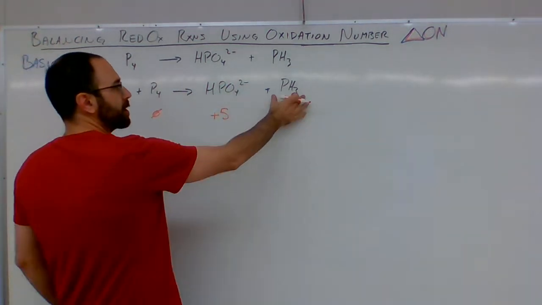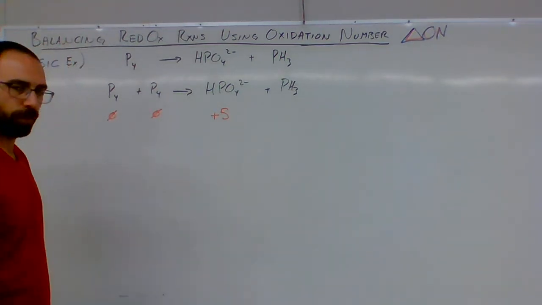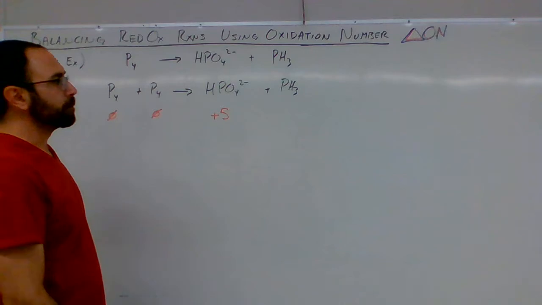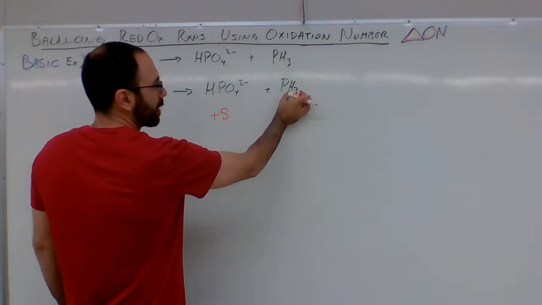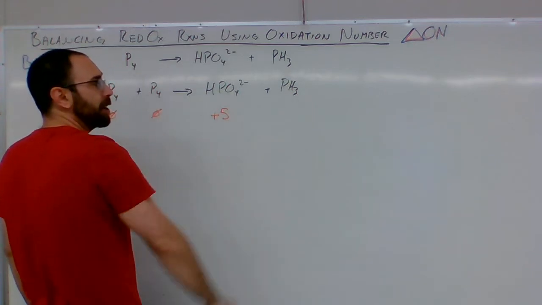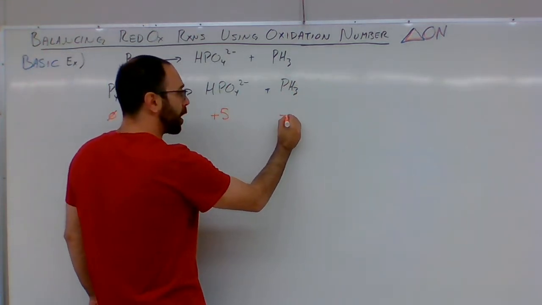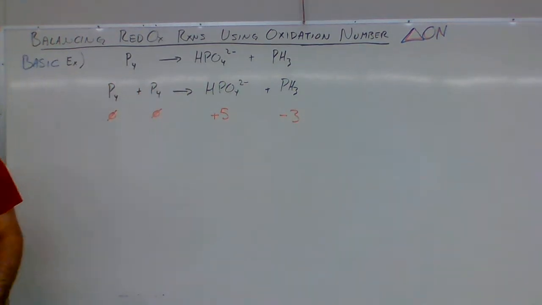And when I look at this one here, remembering again that my hydrogens have that +1 unless they're with a metal. So in this case, they are a +1, so that's a +3 for my hydrogen. This whole compound is neutral, so that means my phosphorus must be a -3.